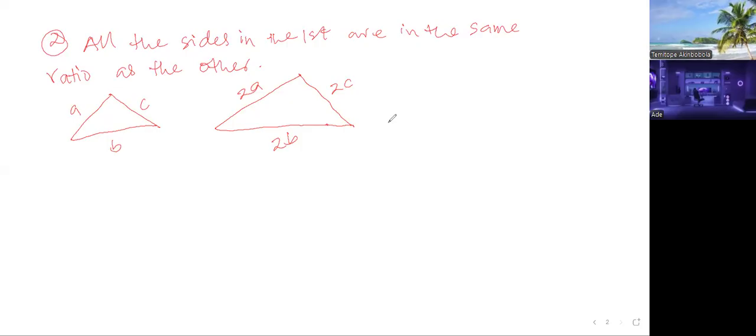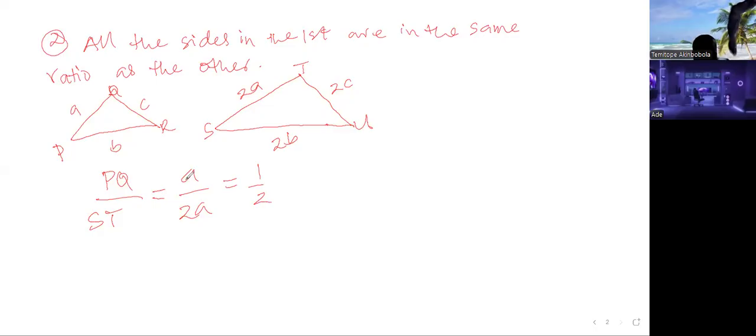You get that now? So let me say this is P, Q, R. And let me say this is S, T, U. If I say PQ ratio ST, that would be A over 2A, and that's 1 over 2.